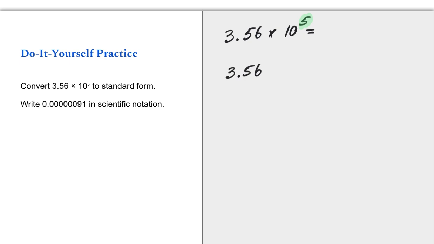Towards the right, because it is a number that is greater than 1. So go ahead and do that. 1, 2, 3, 4, and 5. Add the zeros. And here's our number. Let's rewrite that number here. Oh, okay, hopefully you got that one right. Let's go ahead and do the next one.